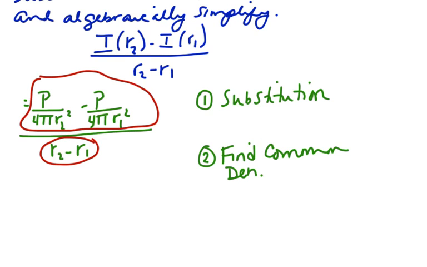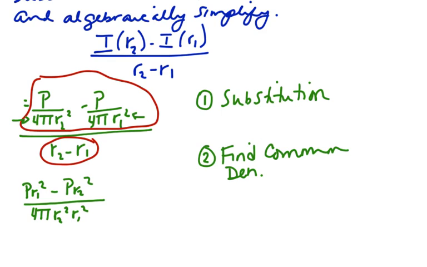Looking at the denominators of both of these fractions or rational functions, you can hopefully see that the common denominator would be 4 pi R2 squared R1 squared. Combining that all under one common denominator, the first term, remember, whatever's left over, P R1 squared minus P R2 squared.